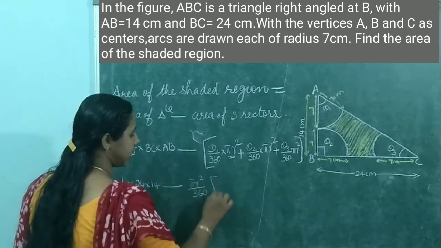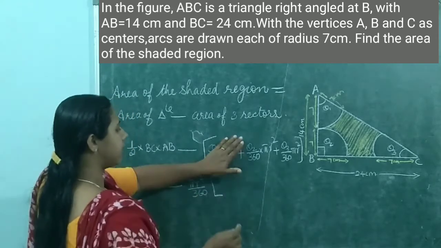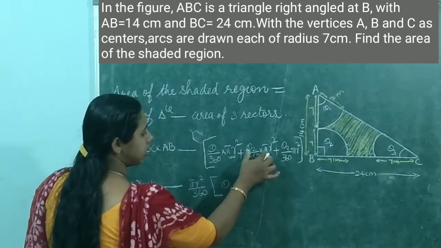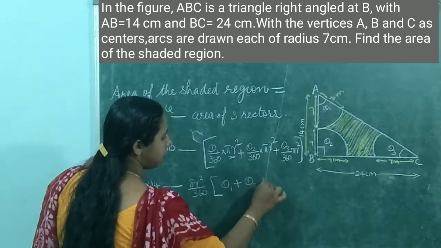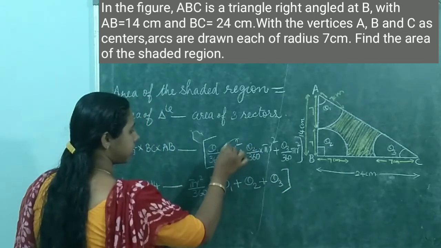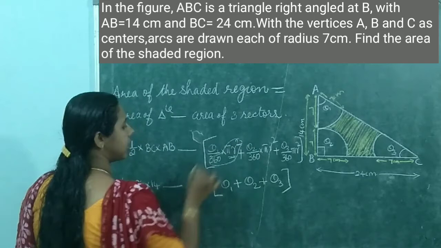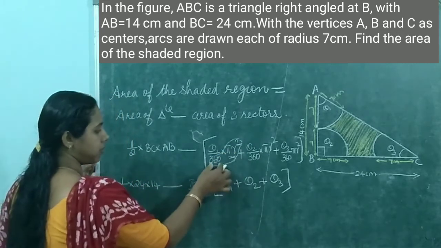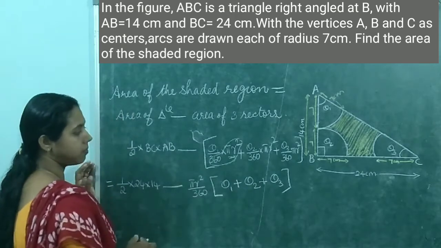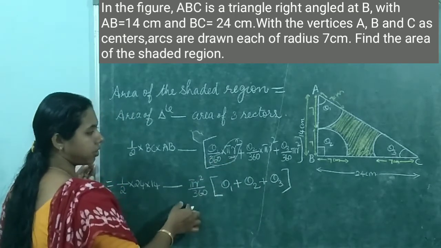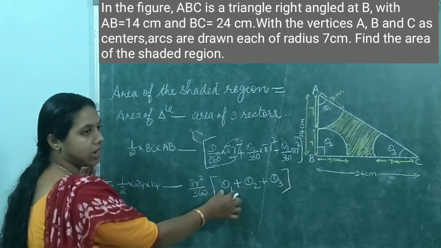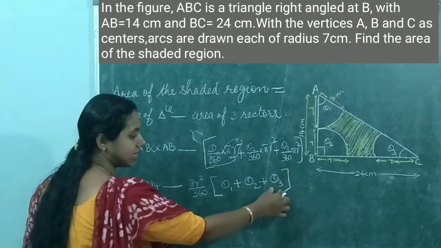Inside, only theta 1 plus theta 2 plus theta 3 remains. So it will be pi r square by 360 into theta 1 plus theta 2 plus theta 3.